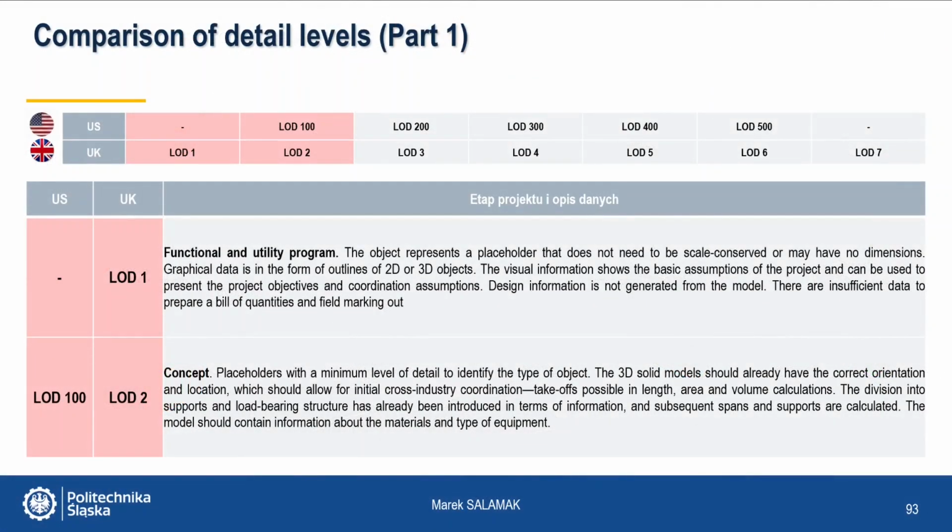In this table, divided into 3 slides, I've compiled the 2 most commonly used systems globally, the American and the British, but concerning the design stages used in our country. A proposal for detailing geometric data and non-graphical information was given for each level, first level 100 or 1 and 2 in British.